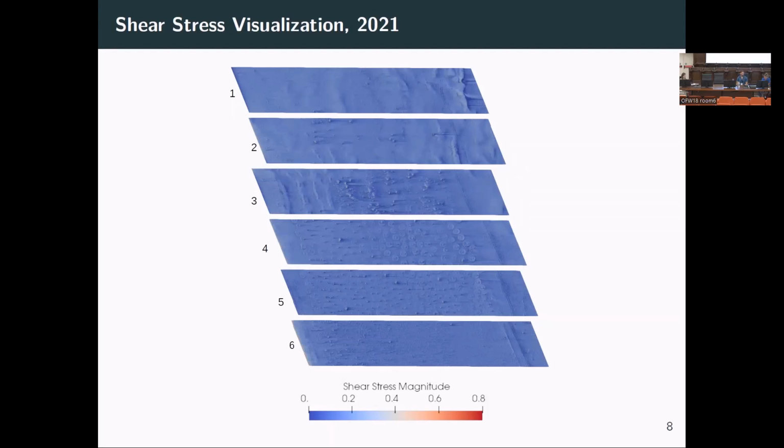You can see that the shear stresses across the 6 different treatments are pretty different. There's not a lot of vegetation in treatment 1. You can see in treatments 4 and 5, there's some straw nodes that are clearly visible. And treatment 3 is really sort of leading the way in terms of native vegetation growth, and also the growth of topography.